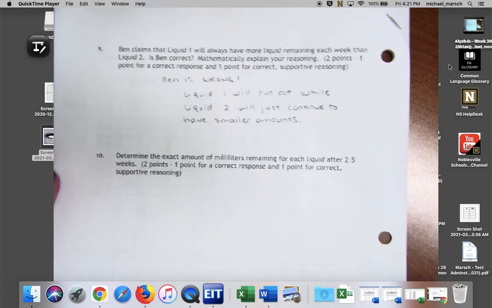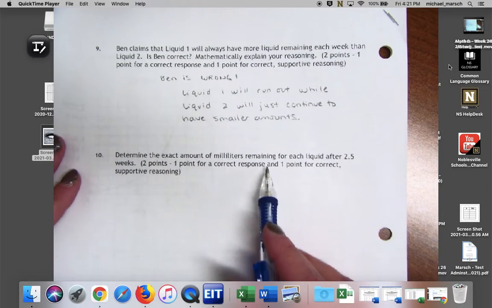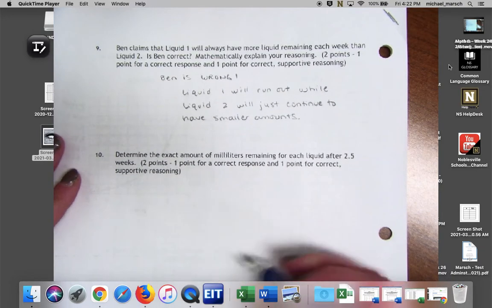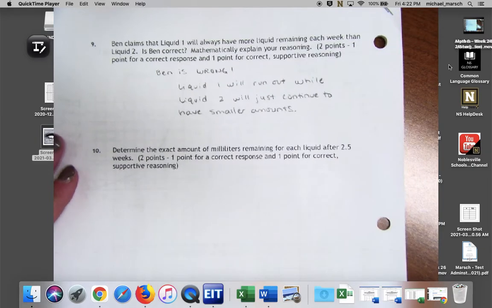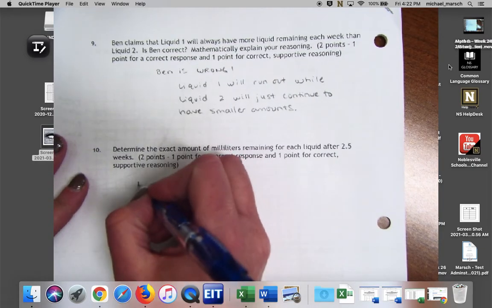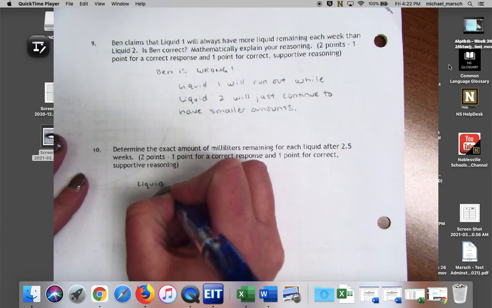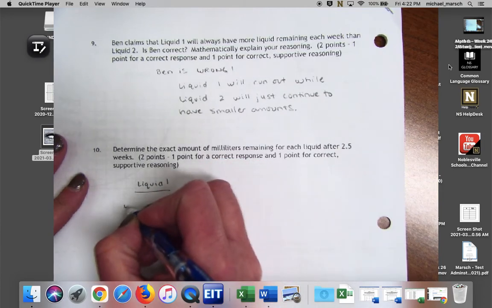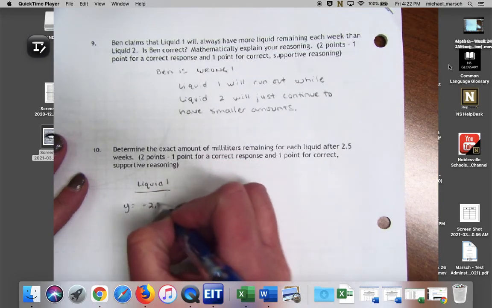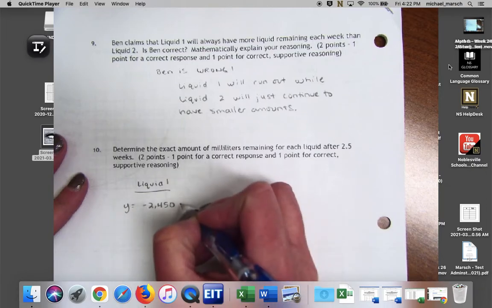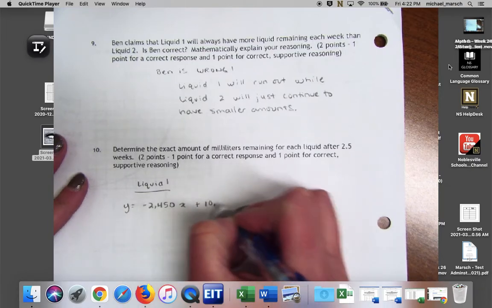Okay, determine the exact amount of milliliters remaining for each liquid after 2.5 weeks. Good thing we have those functions, right? So let's do liquid 1. Our function was y equals negative 2,450x plus 10,000.